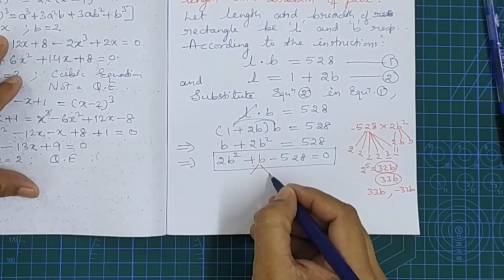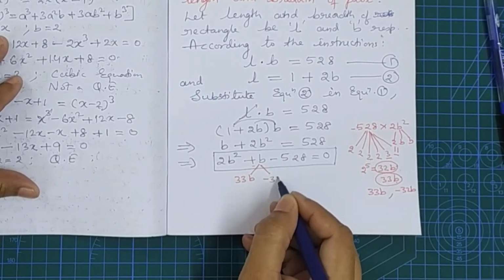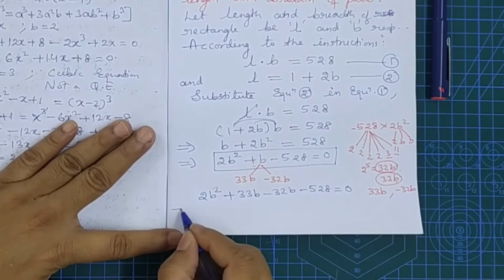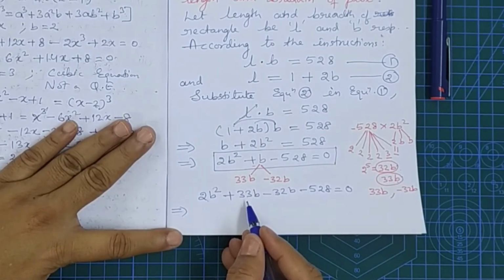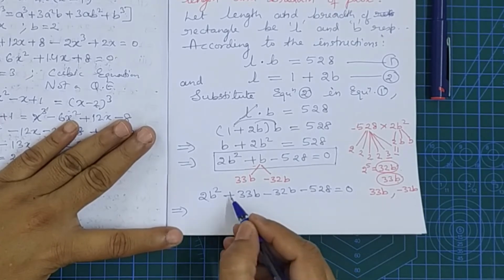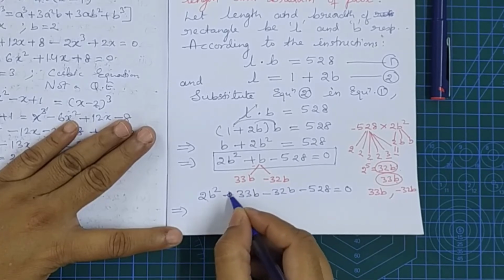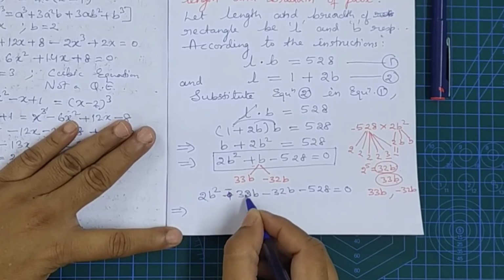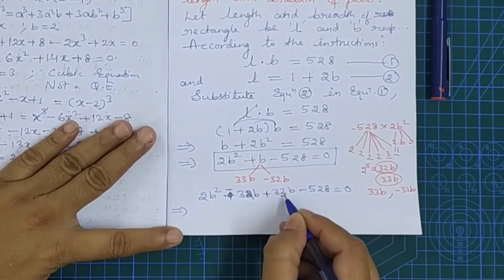So the middle term is split as 33b minus 32b. Now, from the first two terms, we should take the highest common factor. It's very difficult to get one, so we can do a small interchange of terms here, taking minus 32b first and then 33b.